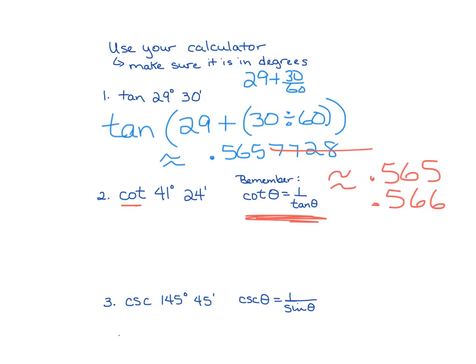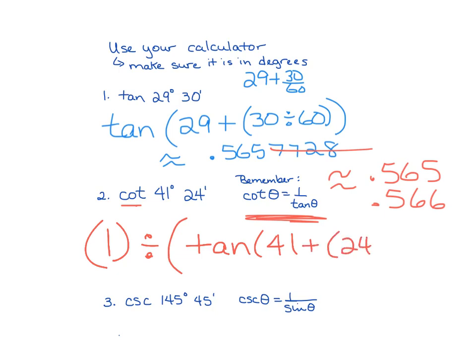So I'm going to be doing parenthesis 1 divided by parenthesis tangent, and then it'll open a parenthesis, and then 41 plus parenthesis 24 divided by 60, close parentheses, and maybe even another one.